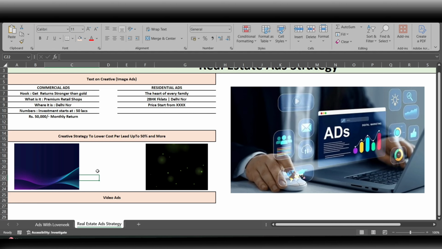So I created two versions. One was the image ad, and the second one was exactly the same image ad but with the animation. I compared the results, and trust me, if I was getting leads from the image ad costing me around 1,000 rupees, then the leads from the animation creative were somewhere around 500 or 600, or for some reason even lower. Why does this happen?